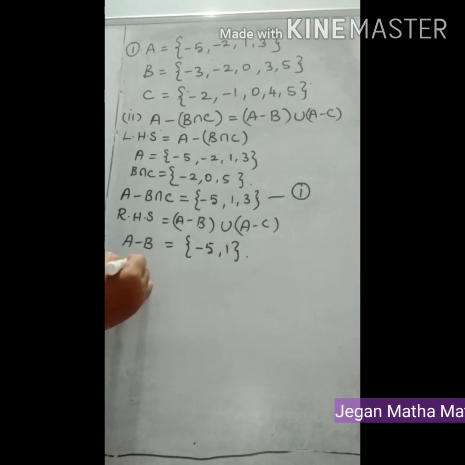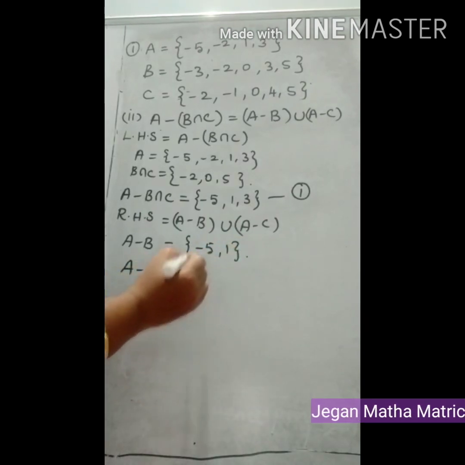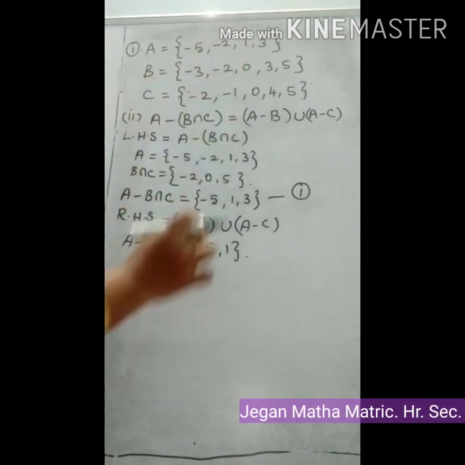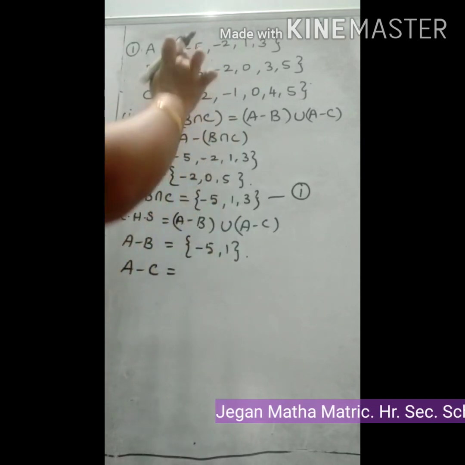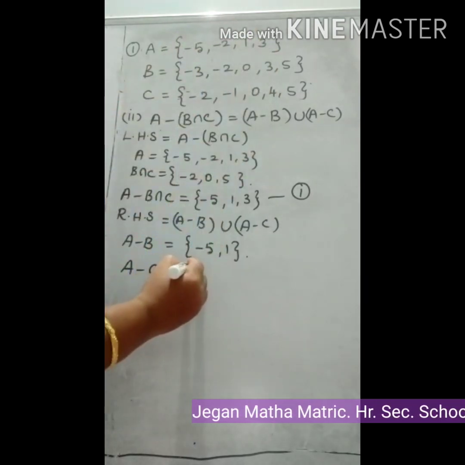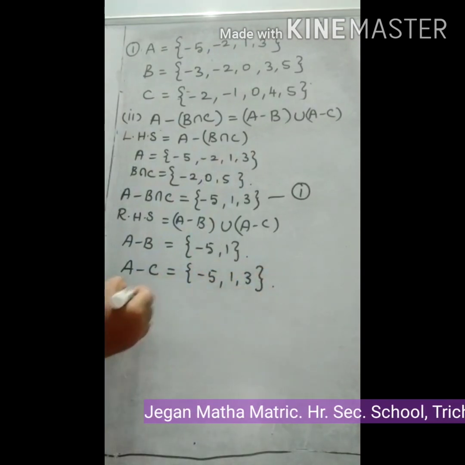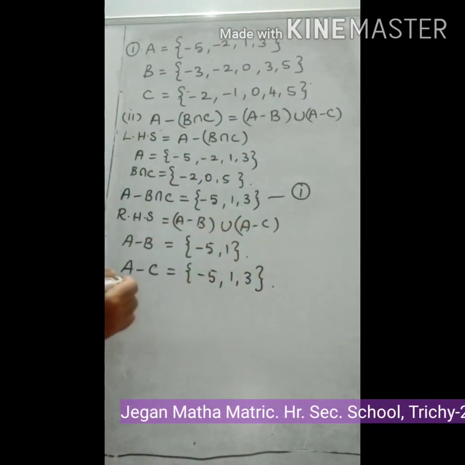And what is A difference C? For A and C, the common element is minus 2 only. So {minus 5, 1, 3}. Now you have to take the union of these two.